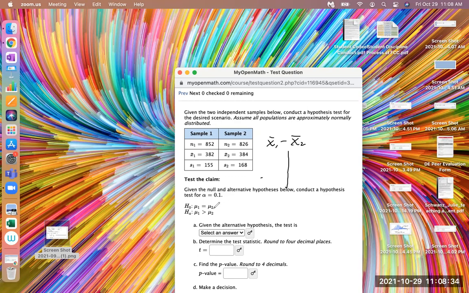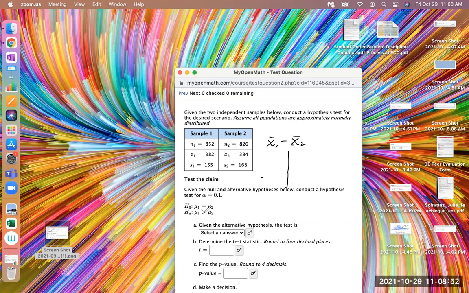I would hope that's true for at least the samples. So I expect that when I subtract those, it's going to be a right-tailed test.